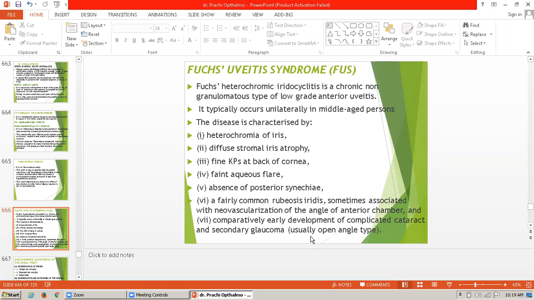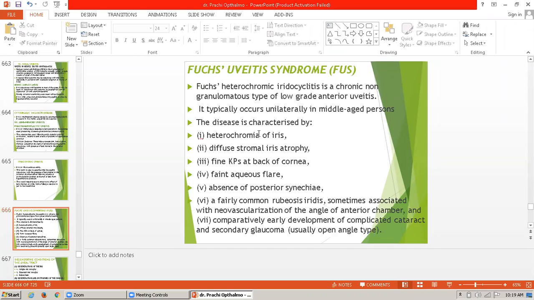So, the Fuchs heterochromic iridocyclitis is a non-granulomatous type of low-grade anterior uveitis, and it typically occurs unilaterally in the middle-aged person.